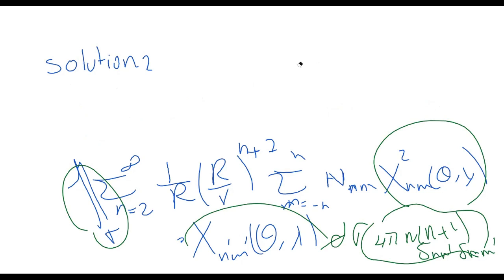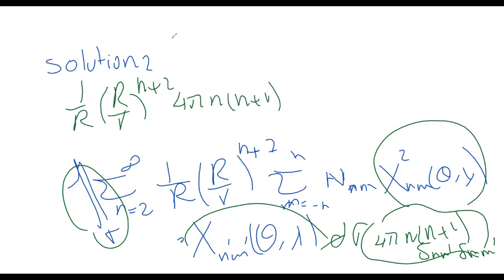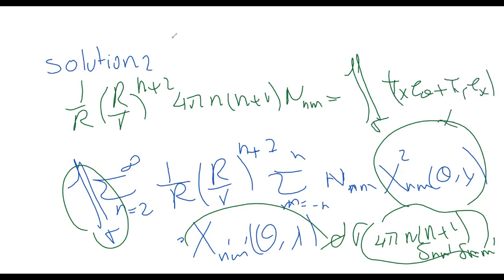This will be 1 over R over R m+2 and 4 pi over n m+1 multiplied by n m equals the integral of Tx e theta, Ty e lambda multiplied by x2 and m, theta lambda.